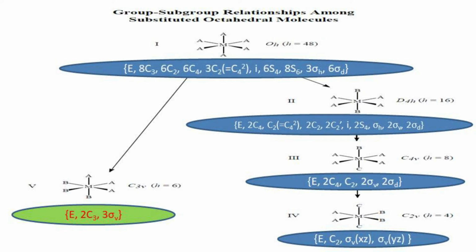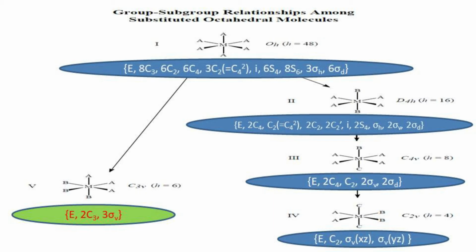The number of operations may be decreased, but the C3 operation is retained and vertical planes are retained. You may have the question, where are the vertical planes in structure number 1? Yes, whatever diagonal planes are there, those diagonal planes become the vertical planes. Of course, diagonal planes are one of the vertical planes. In order to distinguish those planes, we say diagonal.